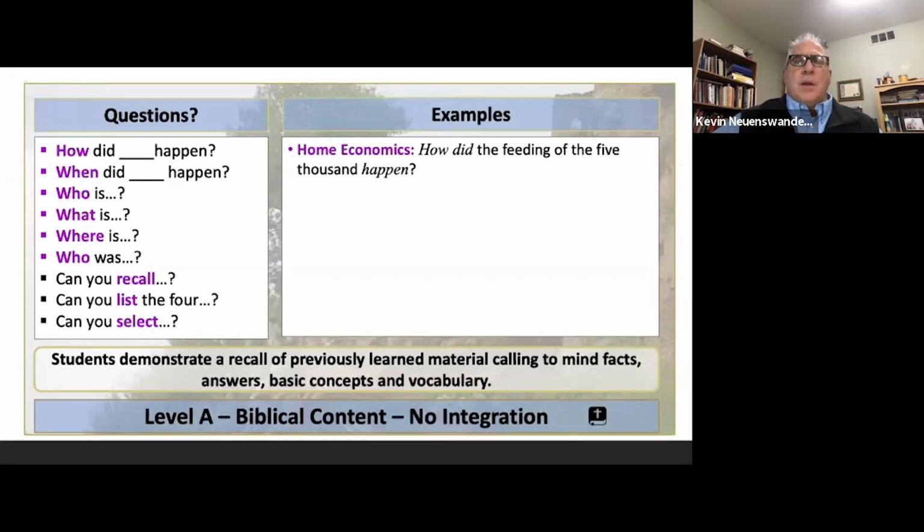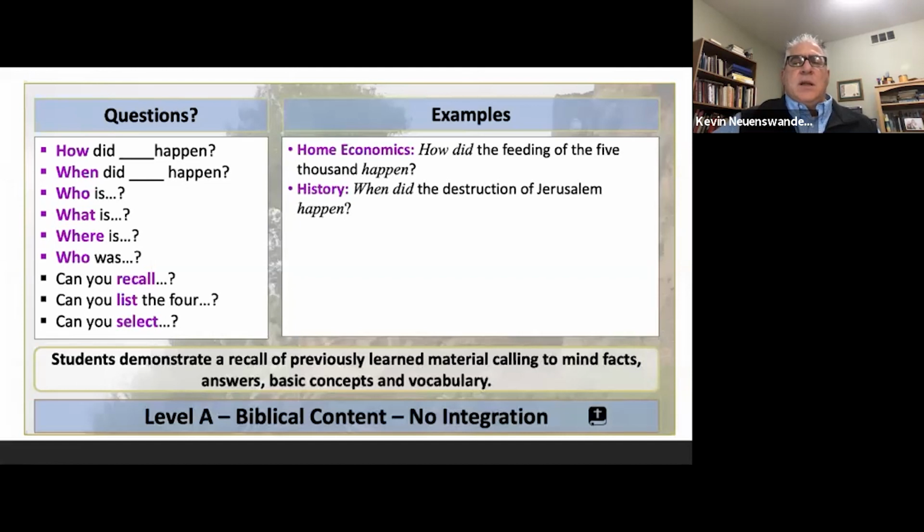So number 1 would share first, and then number 2, then number 3, and then number 4, and around the circle. And as they were doing that, you could have someone scribe, you can have the kids write what the other kids are saying. So you know that they're engaged because they're talking and they're writing. And then you choose one person from each group to share. How did the feeding of the 5,000 happen?